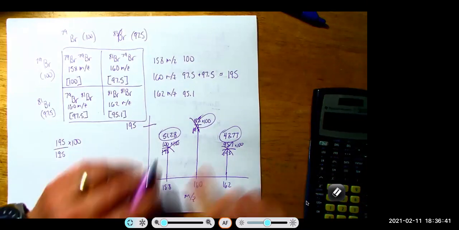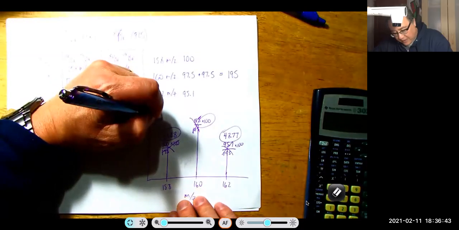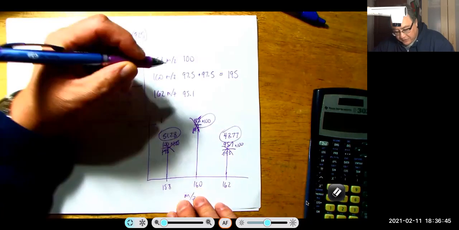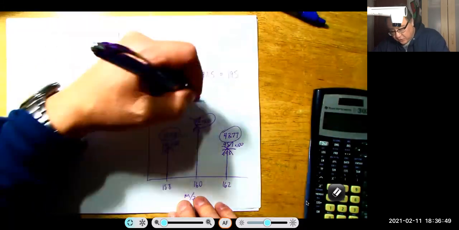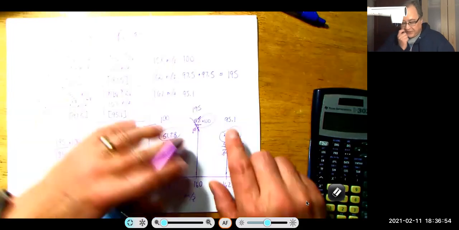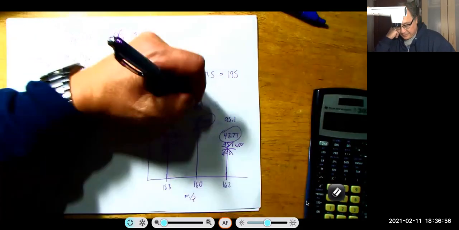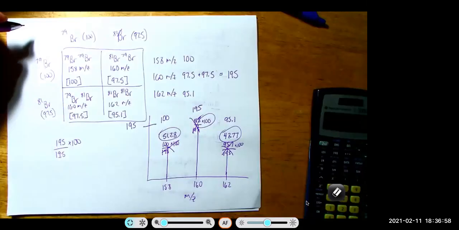How would I turn these numbers into percentages if that were asked? So remember, this one here is 100. This one is 195, and this one is 95.1. How would I turn these into percentages? Good question.